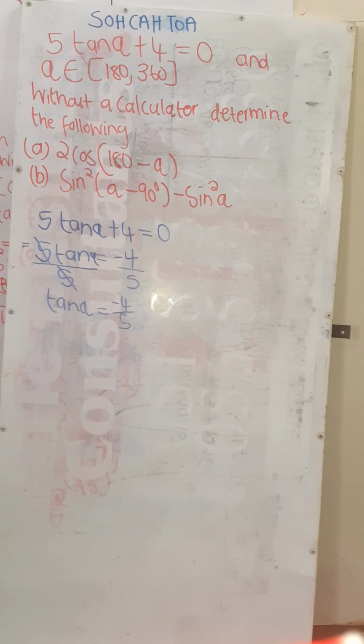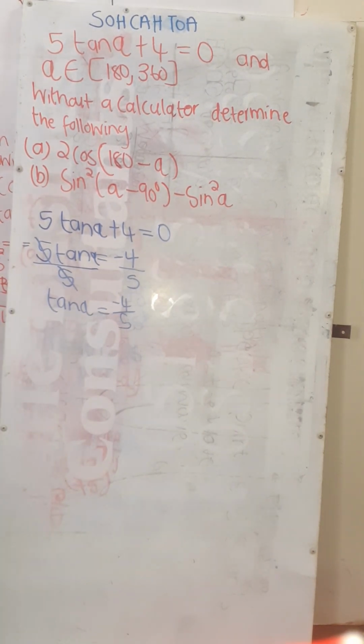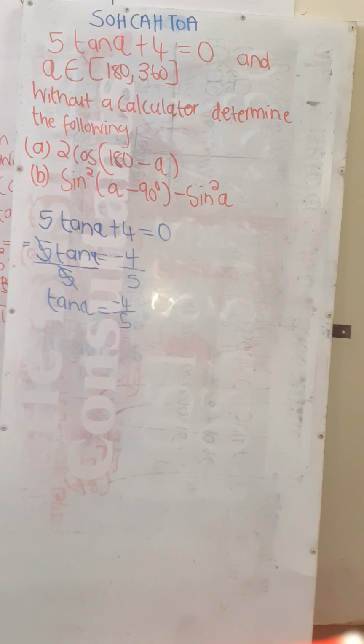That 5 may represent the x, and that negative 4 may represent the y. So we have to find in which quadrant those two numbers qualify.